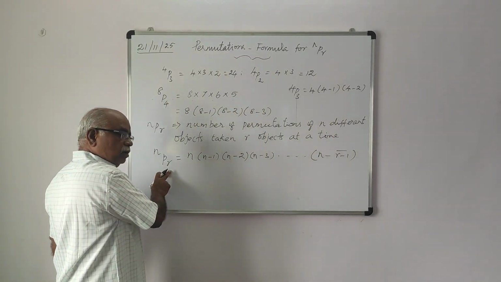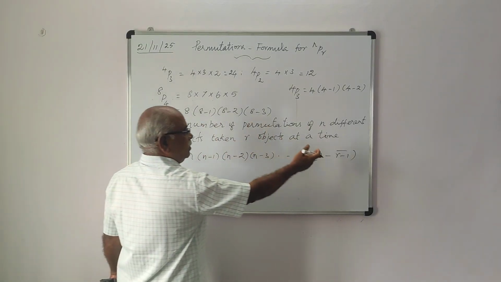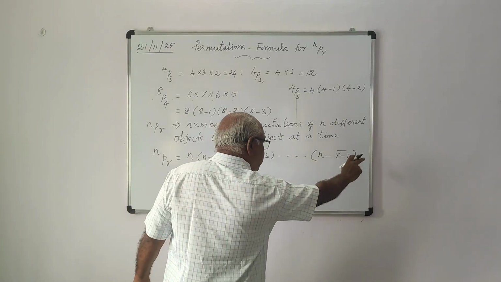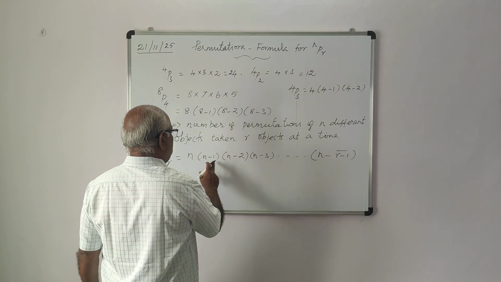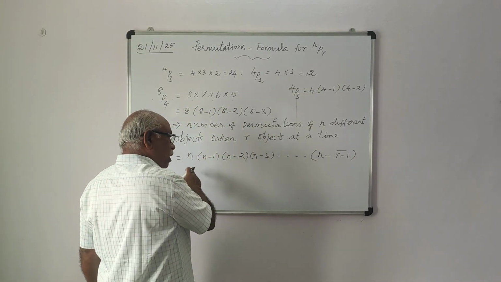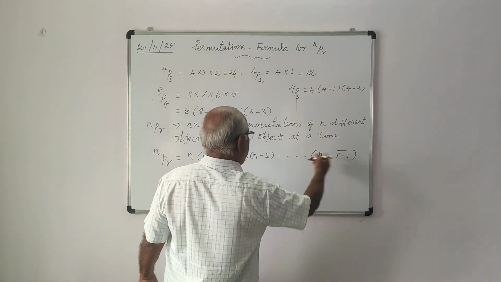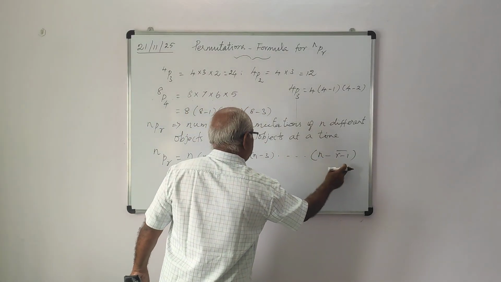Because if you find r objects, the last term is n minus (r minus 1) only. Then only there are r terms, for r objects arranged. Totally, we are getting r terms here.